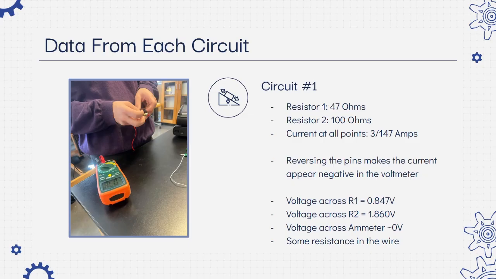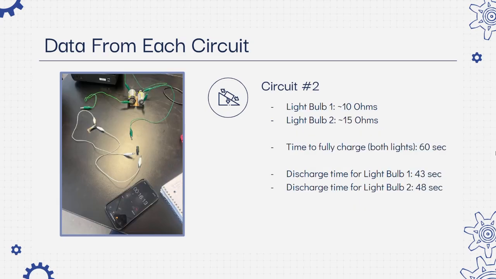Our voltage across R1, we did the math and checked it with the voltmeter, and they're pretty similar. It was 0.847 volts, and our voltage across R2 was 1.86 volts. Our voltage across the ammeter was 0.01 volts, and we also know that there was some resistance in the wire to get us to that 3 total volts that we have in the circuit.